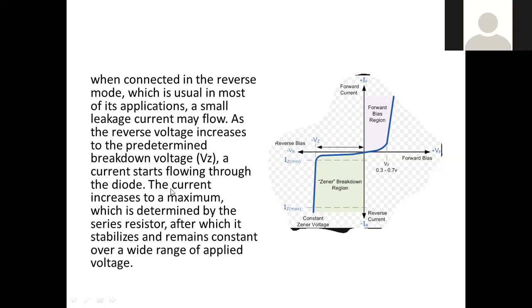The current increases to a maximum determined by the series resistor, after which it stabilizes and remains constant over a wide range of applied voltage. The reverse voltage can be quite large, but the Zener voltage remains very stable, and a large current can flow.